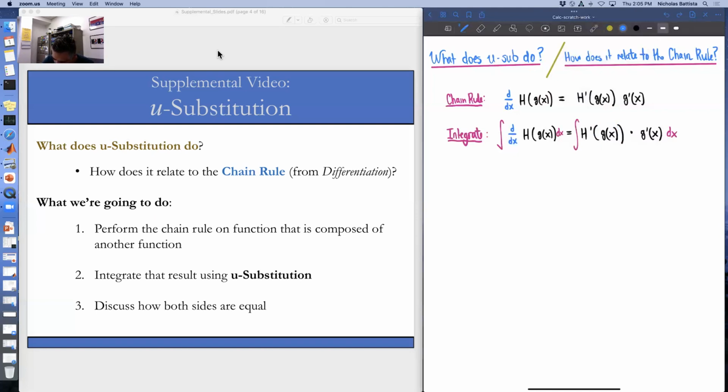So let's make u equal g of x in this problem. Again, g of x is the function inside of the bigger h prime function here. So anywhere there's a g of x in that integral, we can replace that now with a u.